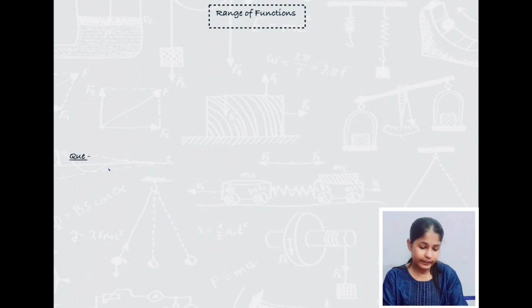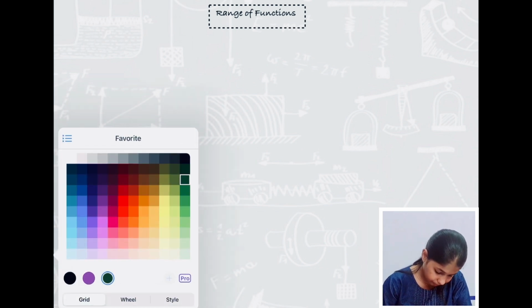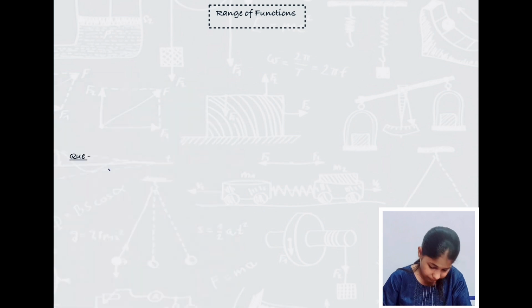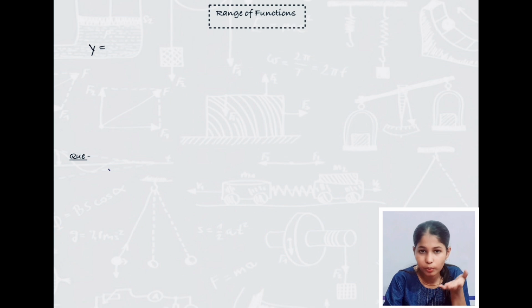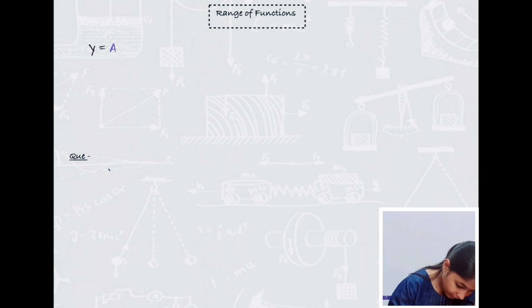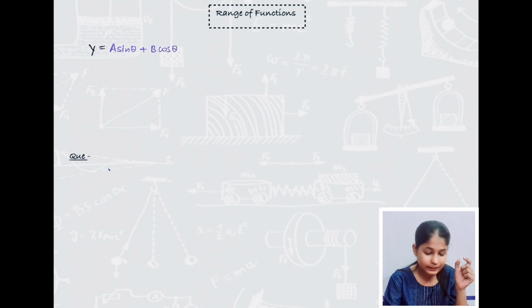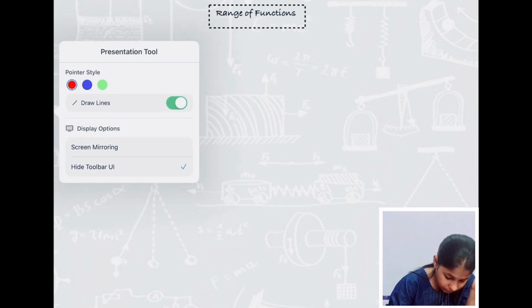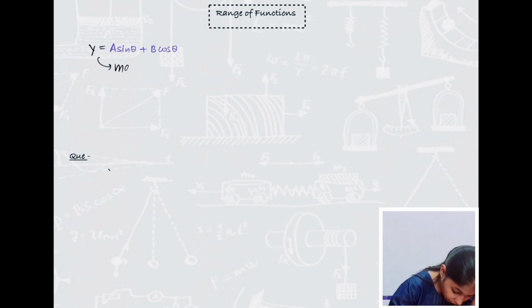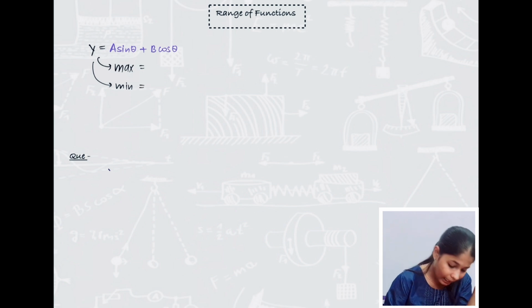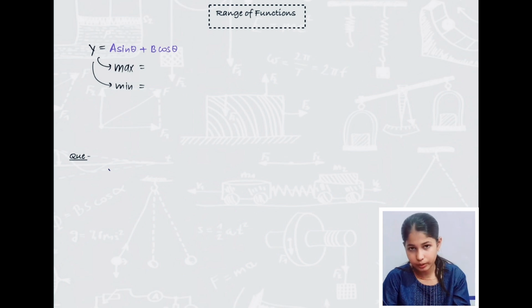Let's understand it in more detail. If y is written in the form of an equation like a sin theta plus b cos theta, and it is asking for the maximum range or the minimum range, the same formula will be used for both, with only one major difference.